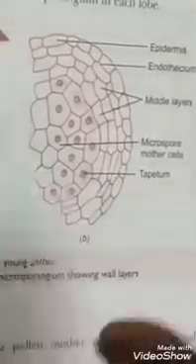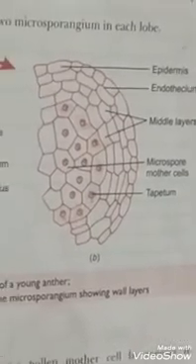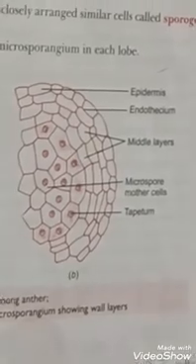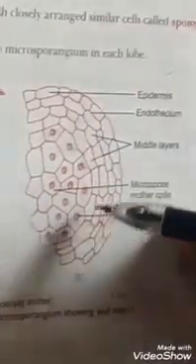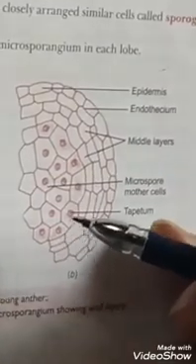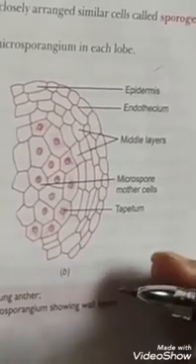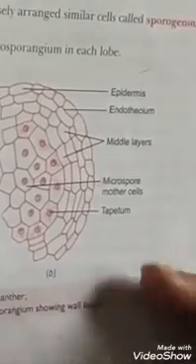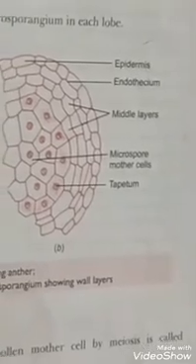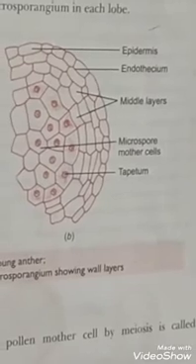It provides nourishment to the developing microspores or pollen grain. And the center of the microsporangium is filled with closely arranged identical cells called sporogenous cells, and this group of cells or bunch of cells is known as sporogenous tissue.